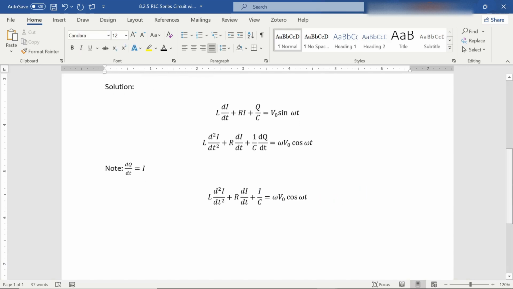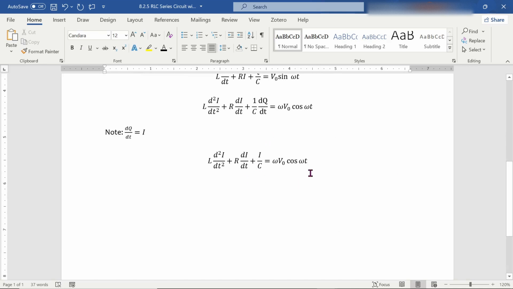And we can notice that this equation is similar to the mechanical harmonic oscillator model, where our inductance L is similar to the mass, the resistance is the damping B, 1 over C is our spring constant, and so on.